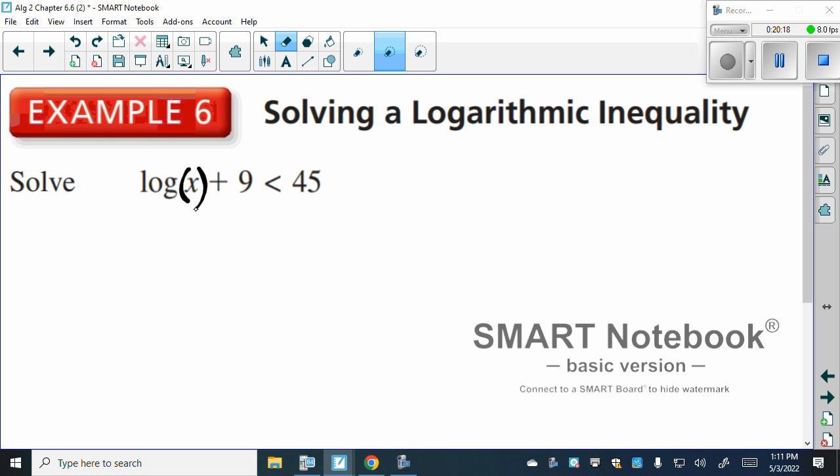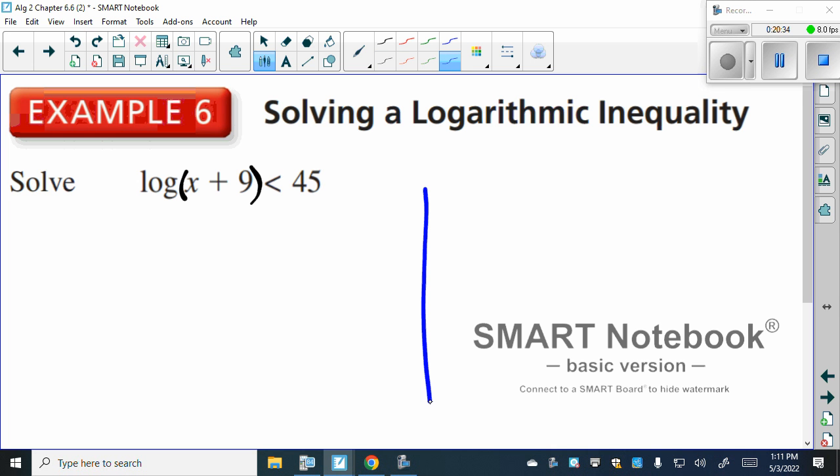The 9 is not included. But for us here in this problem, I want us to work it as if x plus 9 was contained inside the log. Now, the reason we're doing this is because, again, what's inside the logarithm cannot be 0.